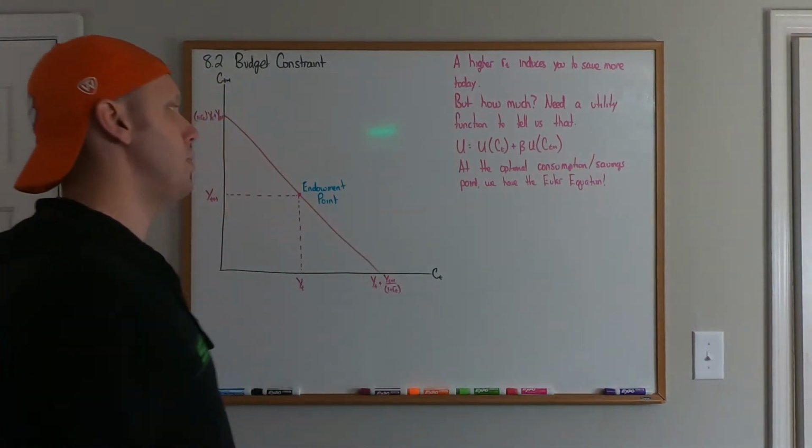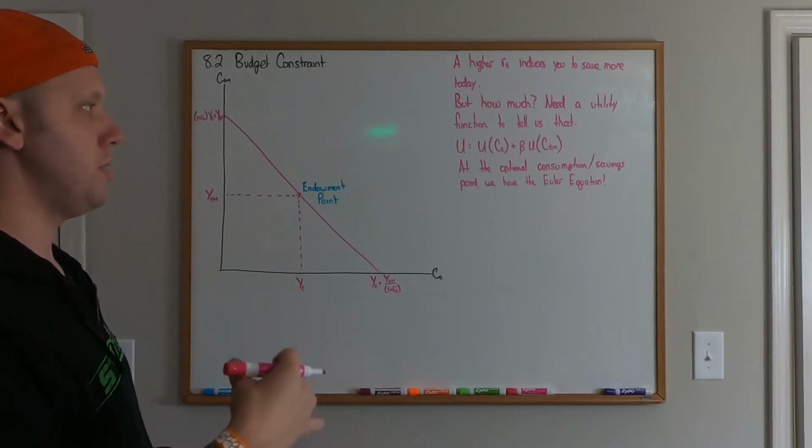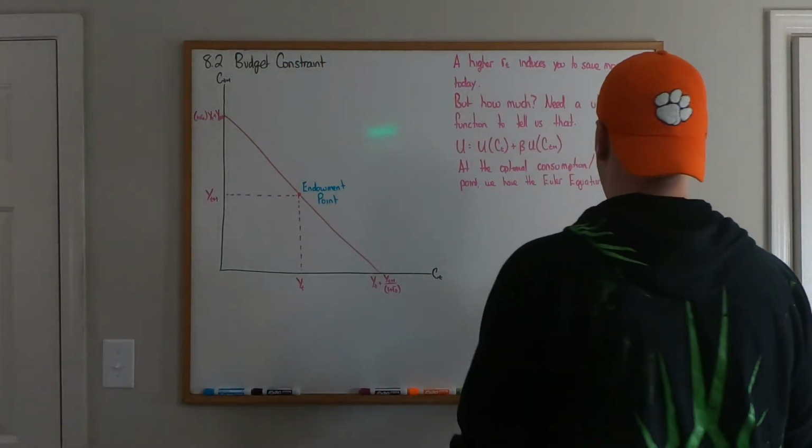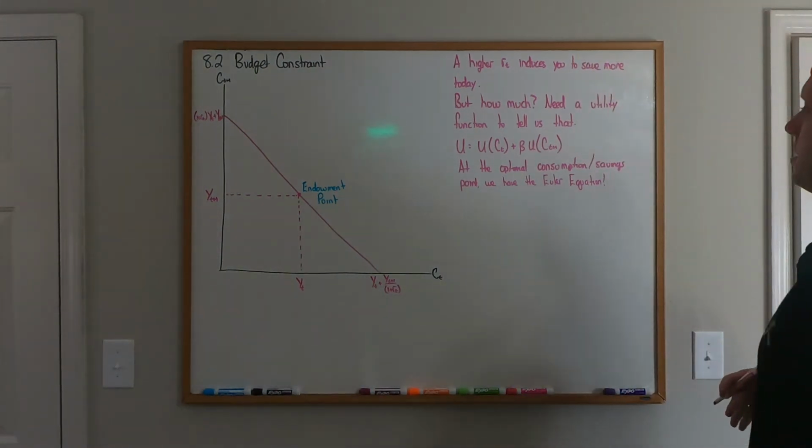Now the Euler equation, if we had log utility, if you remember, it was 1 over Ct equals beta times 1 plus r times 1 over Ct plus 1.